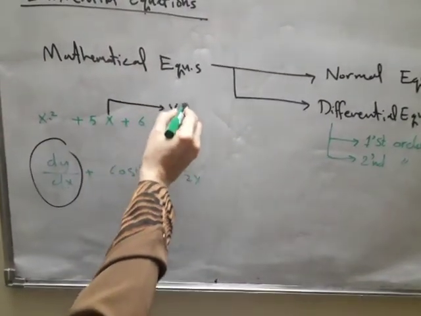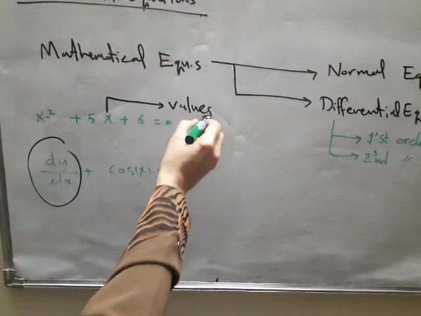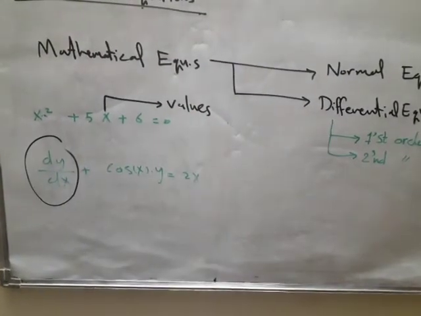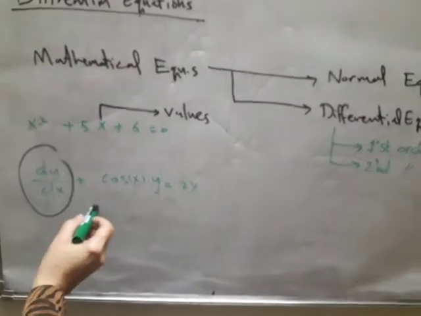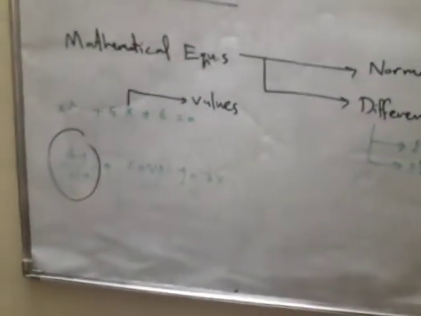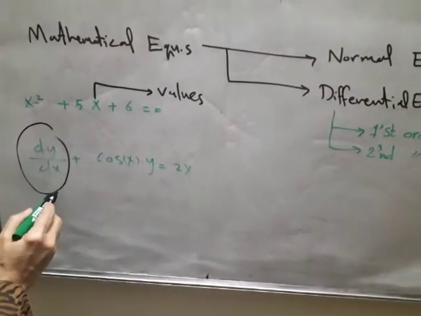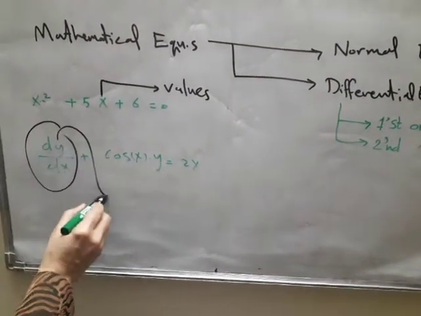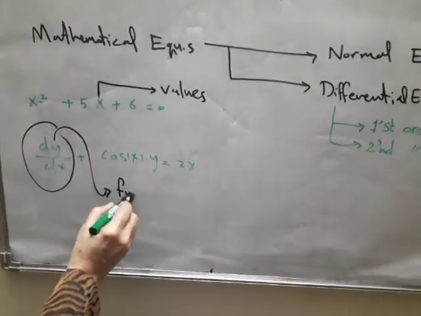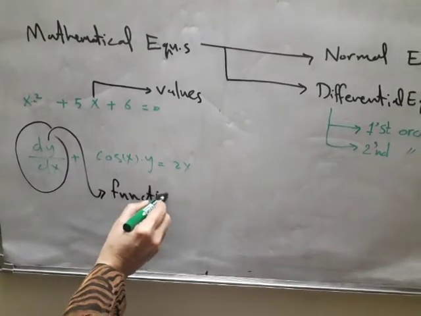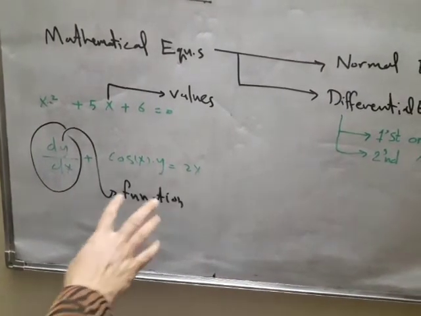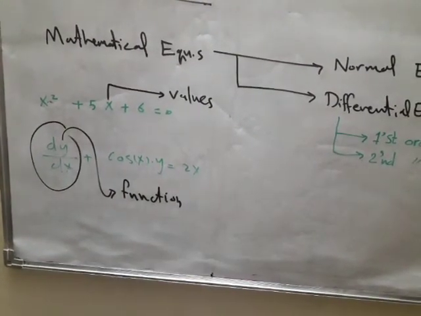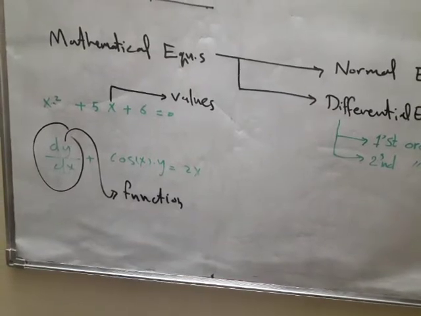While in the second equation, the differential equation, the function formula must be found. The function of the differential variable must be found, and there is no value treated in the differential equation.